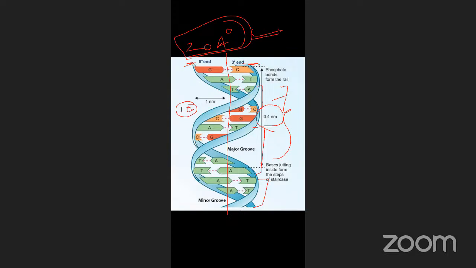And always the purine and pyrimidine appear in a 1:1 ratio. Guanine, cytosine, adenine, thymine: purine, pyrimidine. So these two are pyrimidines, and these two are purines. Always purine equals pyrimidine.